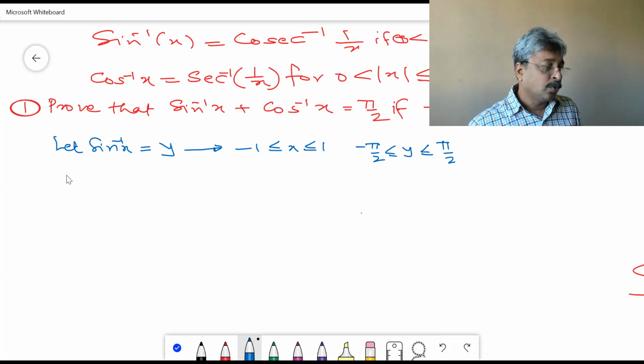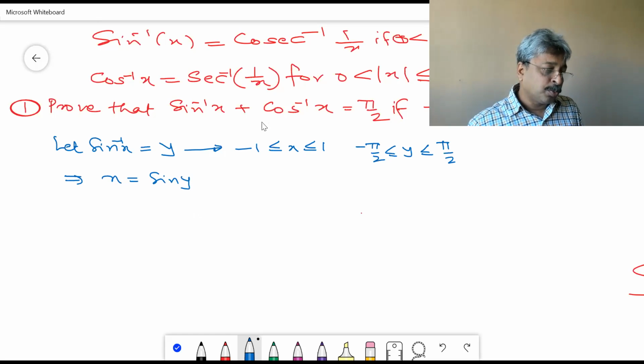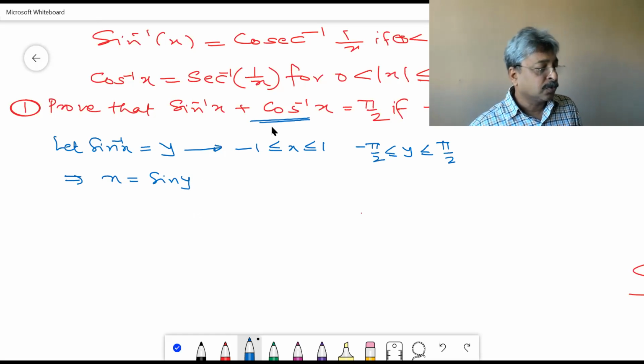Okay, so we start. x is equal to sin y. Now we want to get cos inverse also in the picture. Therefore, can we write sin y is equal to cos of pi by 2 minus y?